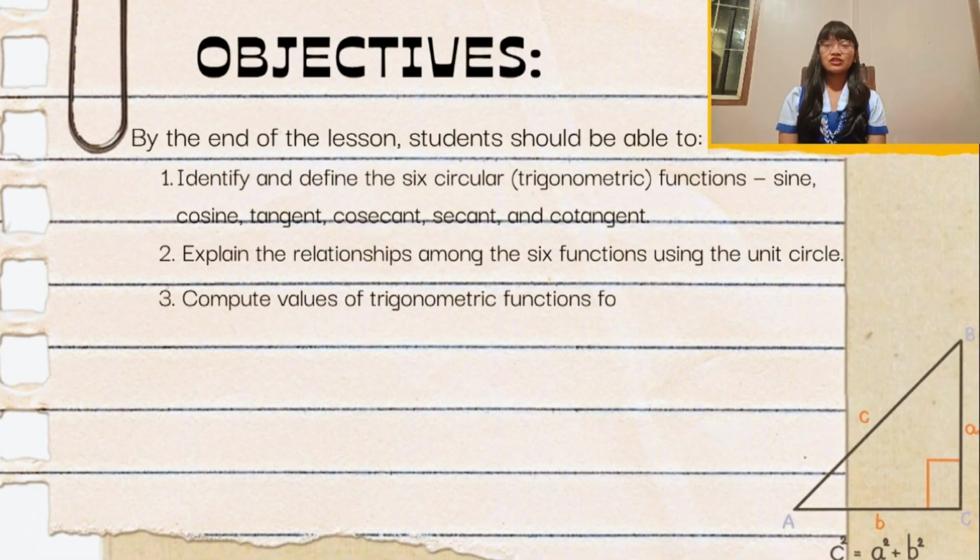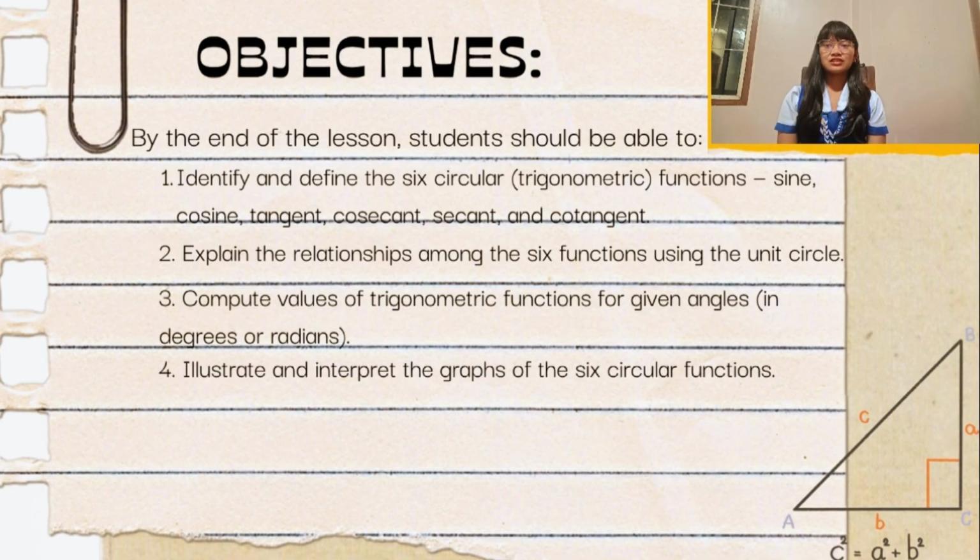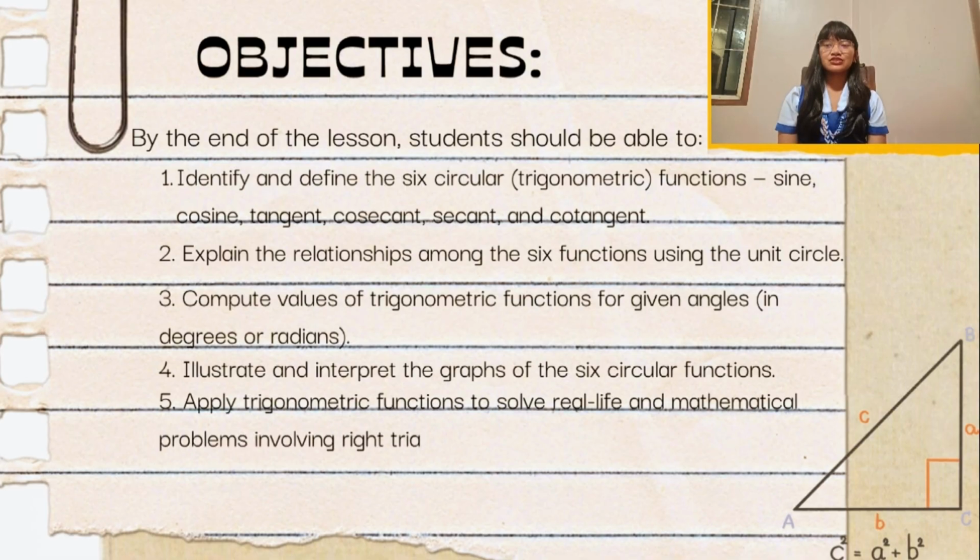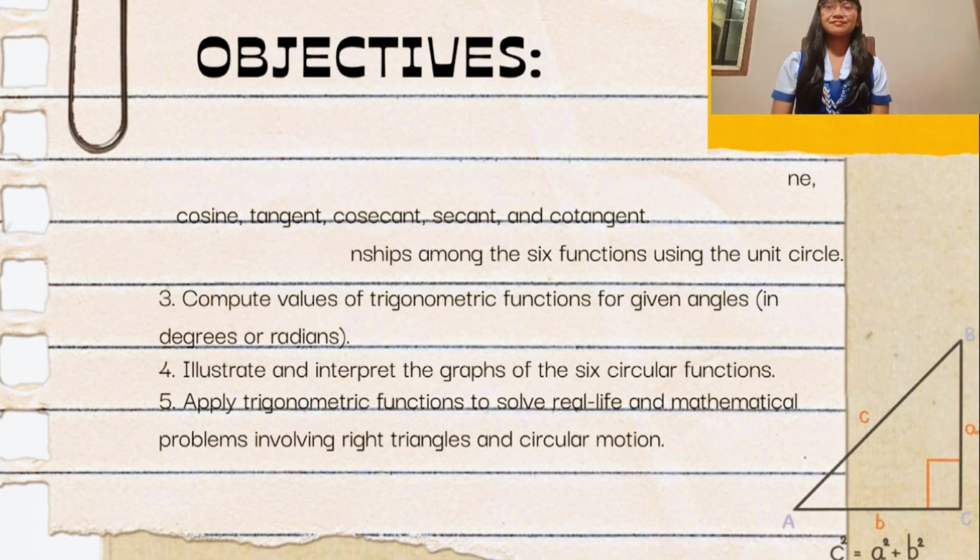Compute values of trigonometric functions for given angles in degrees or radians. 4. Illustrate and interpret the graphs of the 6 circular functions. And finally, 5. Apply trigonometric functions to solve real-life and mathematical problems involving right triangles and circular motions.